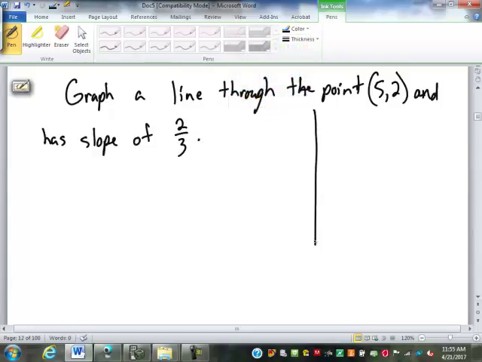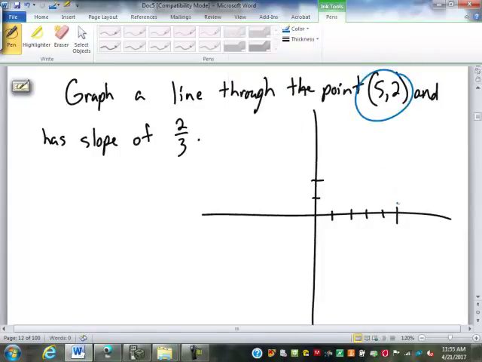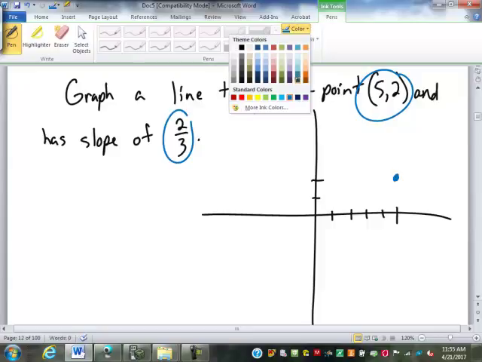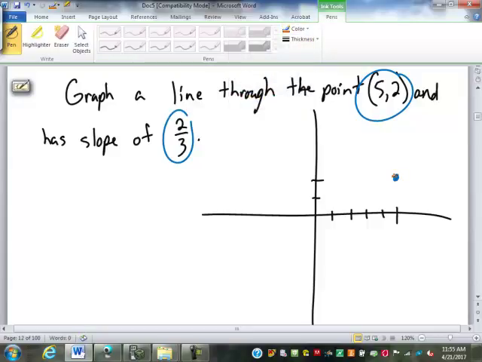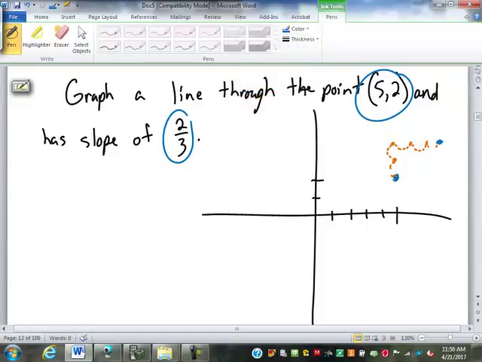Well, I can take my graph, I'm going to find that point 5, 2. 5, 2 is going to be right in here. And from there, I have a slope of 2/3. So I'm going to rise 2, run 3. So there's my second point.